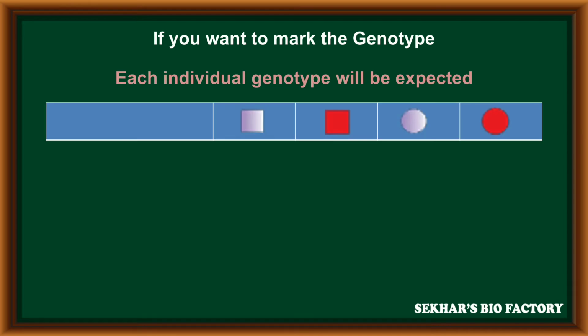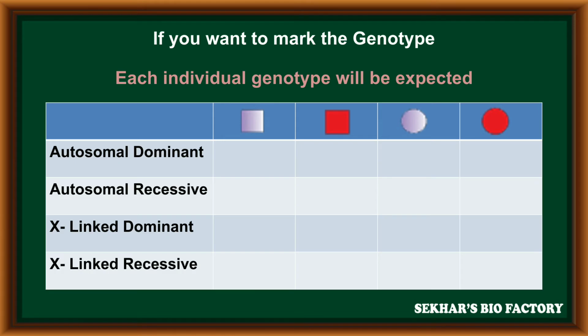For example, we generally have four types of individuals in a pedigree chart: unaffected male, affected male, unaffected female, and affected female. So these are the individuals generally found in a pedigree chart. And we have four types of major genetic disorders: autosomal dominant, autosomal recessive, X-linked dominant and X-linked recessive.